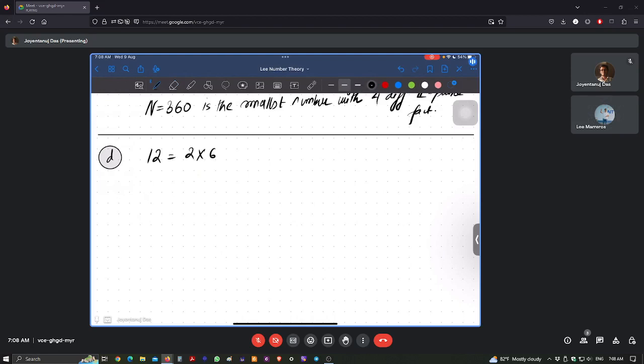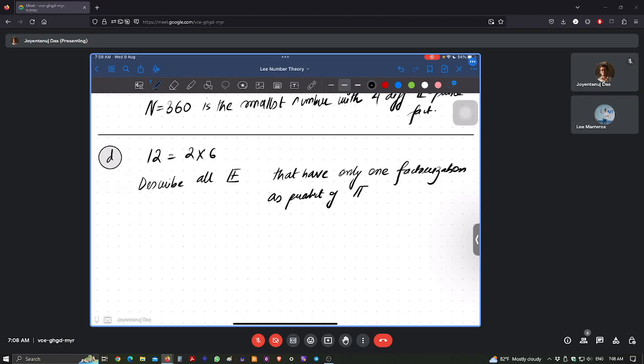Then they are asking: describe all even numbers that have only one such factorization as a product of e primes.